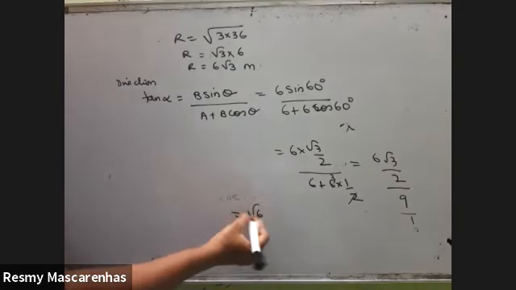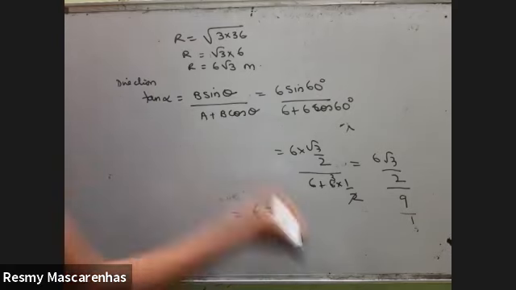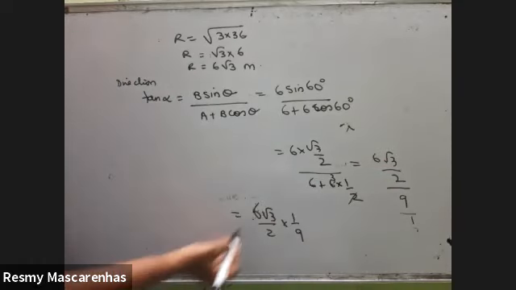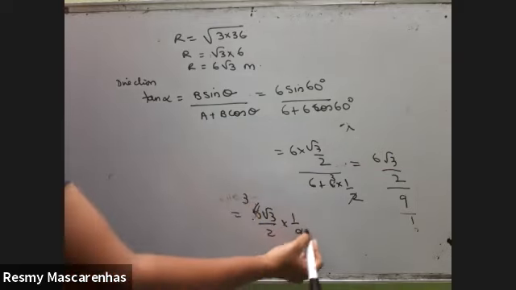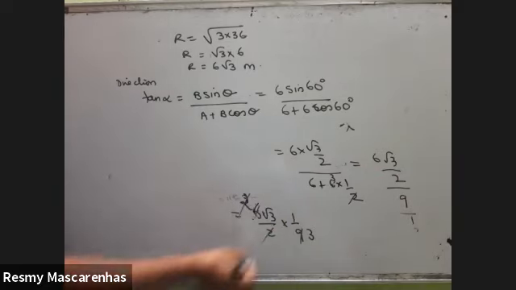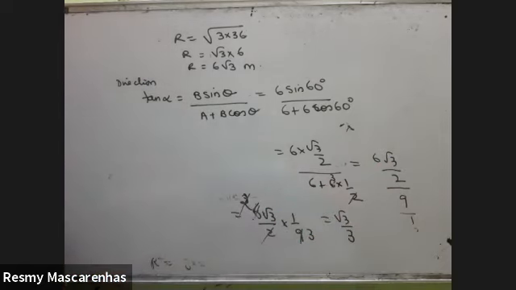If nothing is there, it's like 1. So if you reverse it, it will become like this, 1 by 9. And then 2 and 2 will cancel. So root 3 upon 3 is the answer.